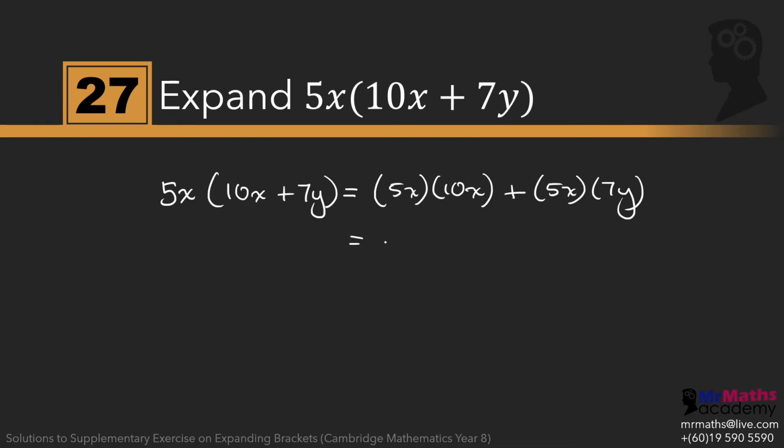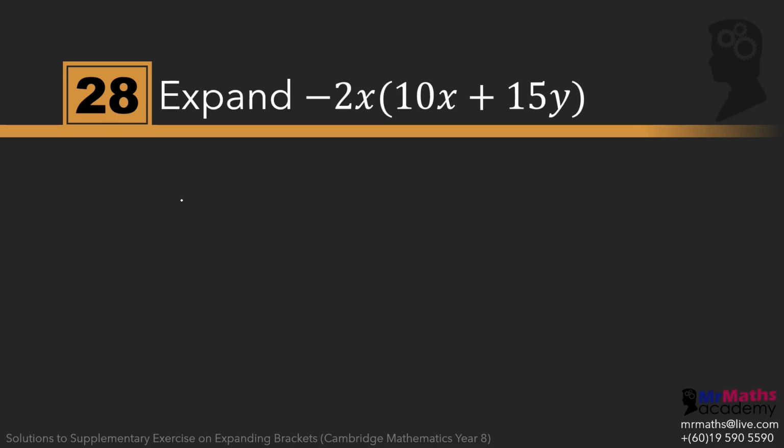So 5 times 10 is 50, because they are like terms, so we can multiply them. And x times x is x squared. Plus, 5 times 7 is 35. And then x times y cannot be multiplied together, so we just put them like this. There you go.